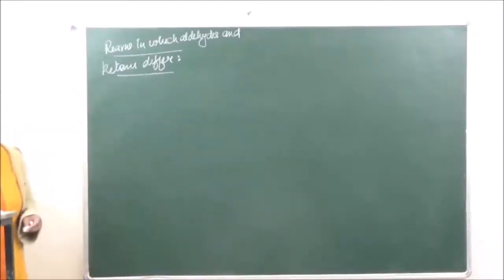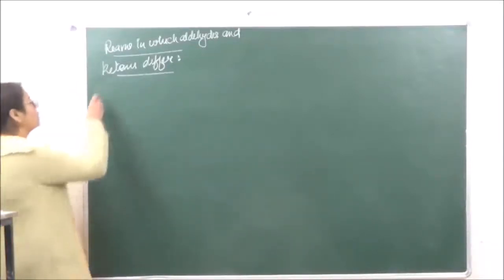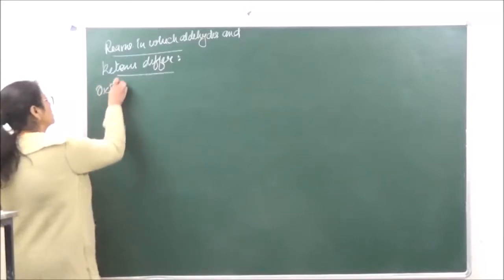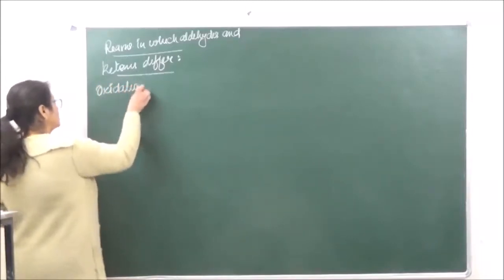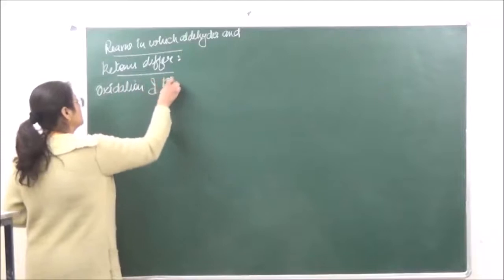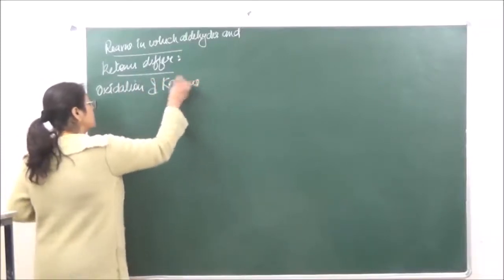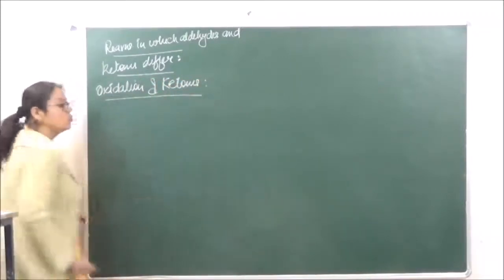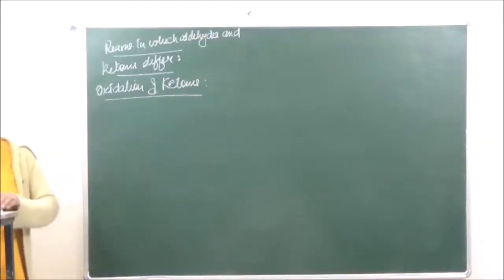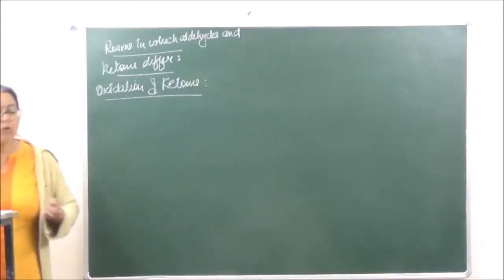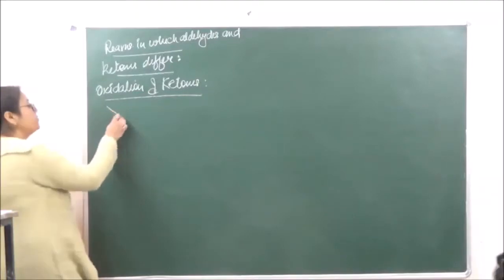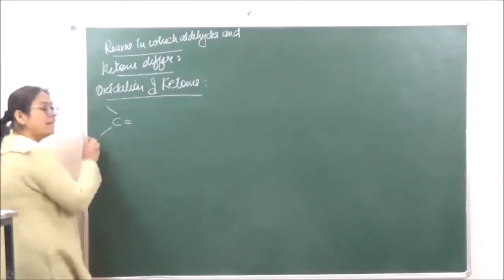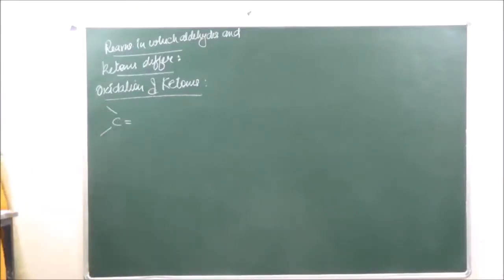Okay, so let's go on to the oxidation of ketones. Now when we are talking of oxidation of ketones, you know that in the carbonyl compound, they do not have any hydrogen present, right?